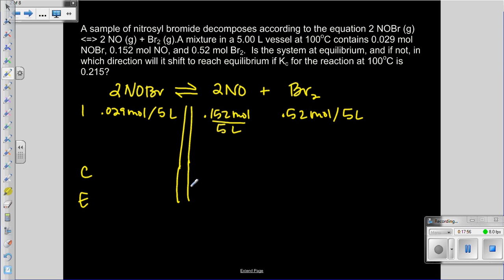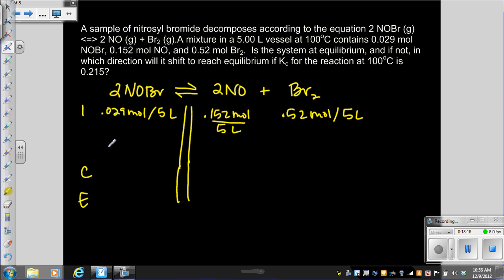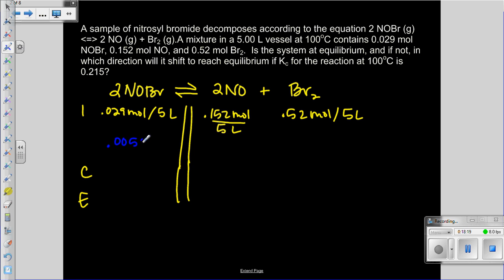Okay, so now what I want to do is calculate what each of the initial concentrations are. So I've got 0.029 divided by 5, 0.152 divided by 5, and 0.52 divided by 5. I'm going to use a different color. Let's do blue. So I've got 0.0058 molar NOBr, 0.0304 molar NO, and 0.104 molar Br2.